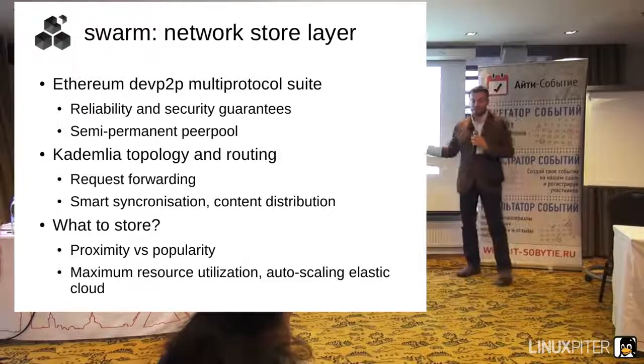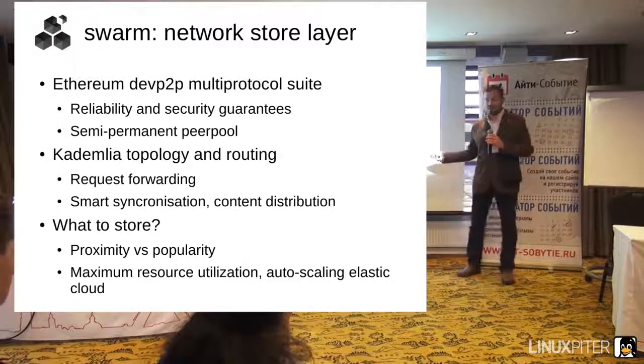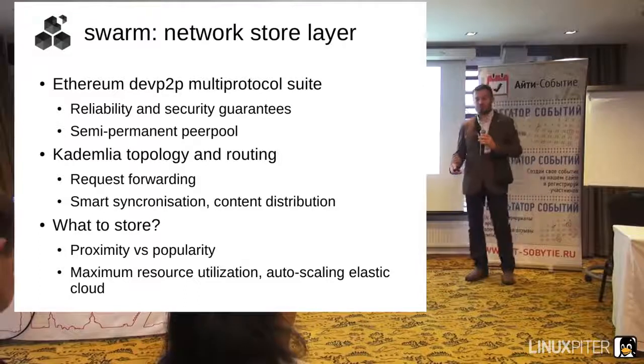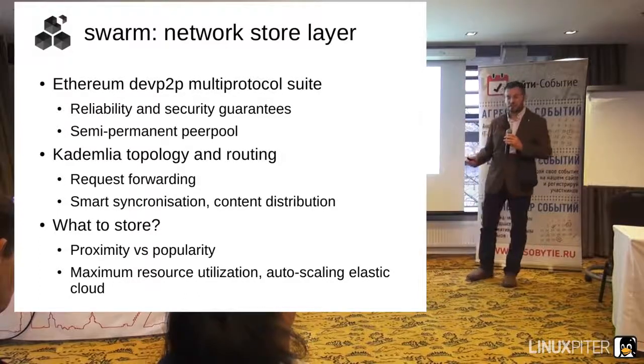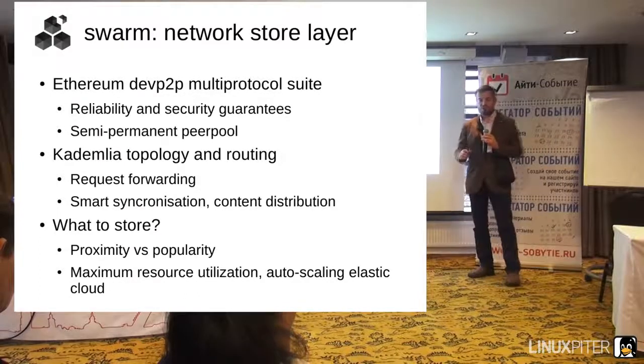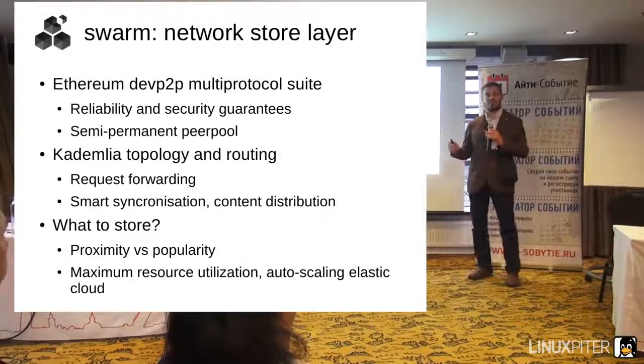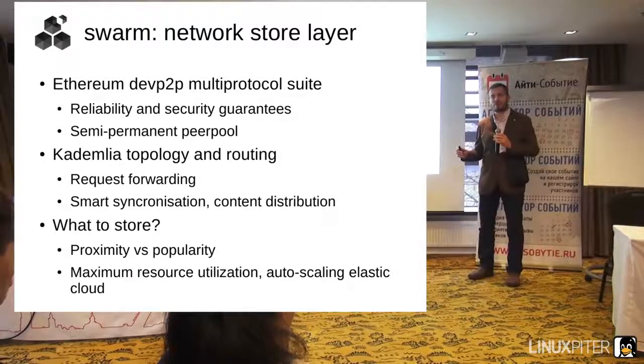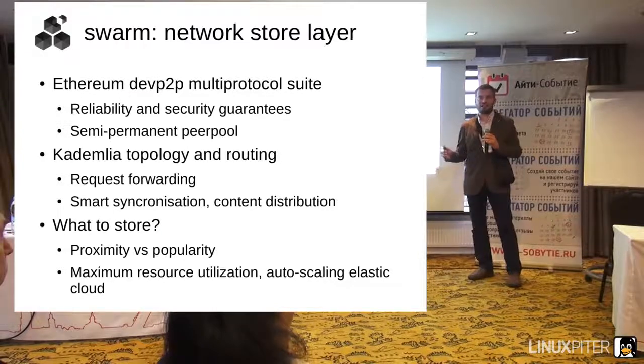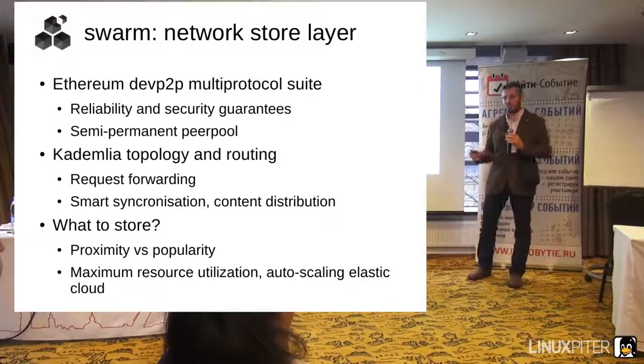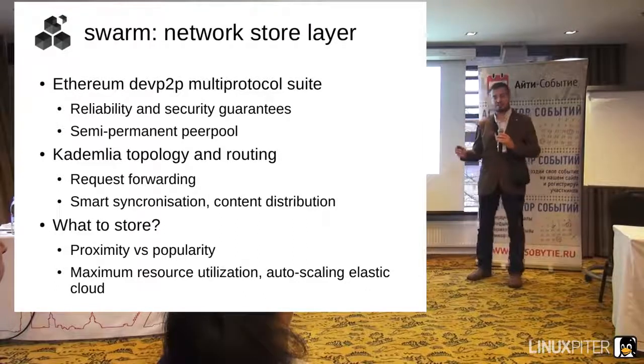So this Kademlia routing makes sure that you will mostly encounter the chunks that are close to your own address. The basic idea of DHT, for those of you unfamiliar with it, is that addresses of nodes and keys of the data to store in this key-value storage come from the same space.